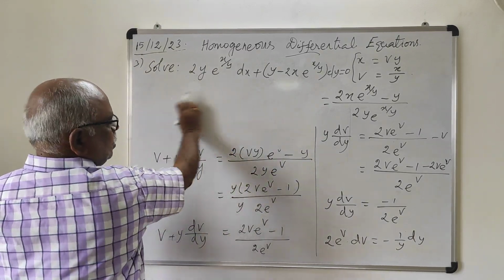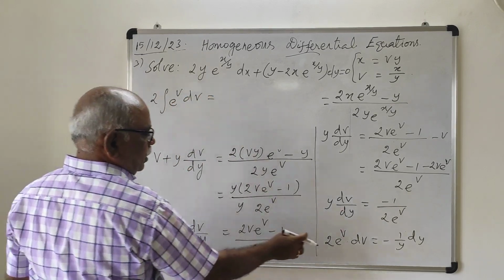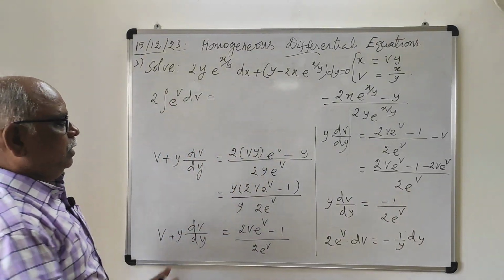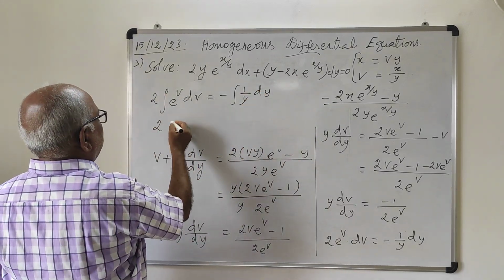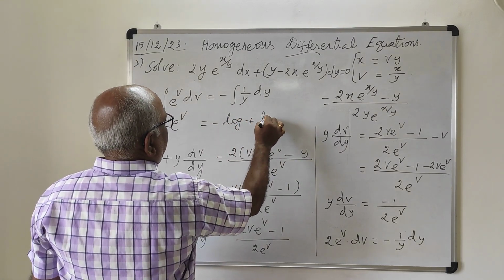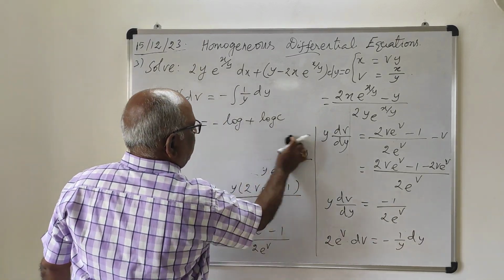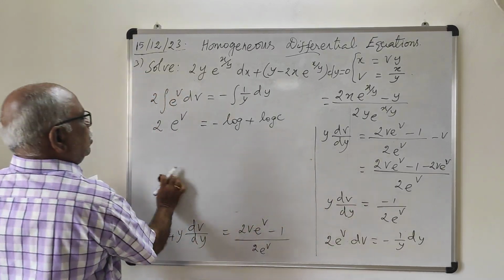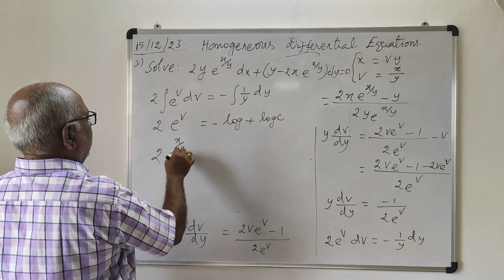This is 2 into integral e power v dv equal to minus integral 1 by y dy. You can take the constant 2 out of the integral. That is 2 into e power v, minus 1 by y integral is log y, plus the integrating constant, you can say log c. Now replace v by x by y in the expression.